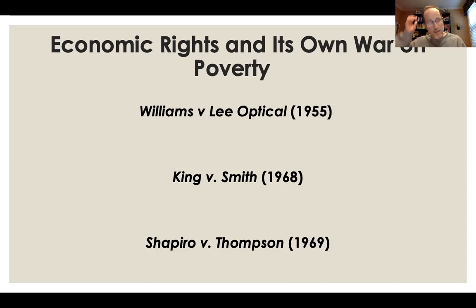King versus Smith deals with something that was known as man in the house rules. It's a unanimous decision. So in the early 60s, under the Great Society, Lyndon Johnson gave an expansion to the concept of welfare and provided mothers who were poor and had children cash benefits.